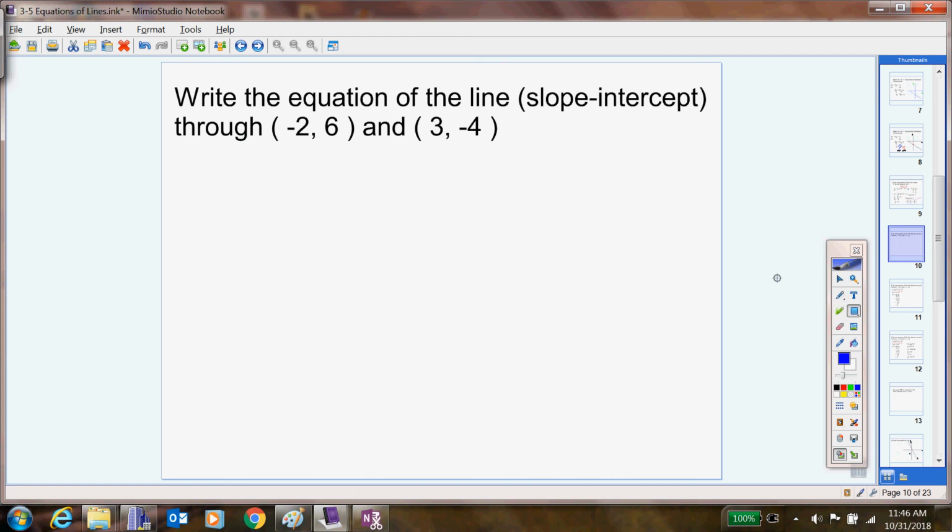Find the slope. Good, we're missing the slope. Do you remember the slope formula that we talked about yesterday? Yes. Okay. So y2 minus y1 over x2 minus x1. Take a quick minute and find that slope, and then we'll take a look at it.